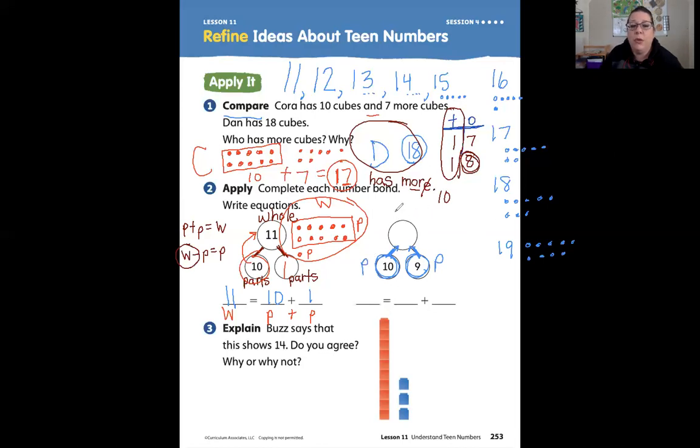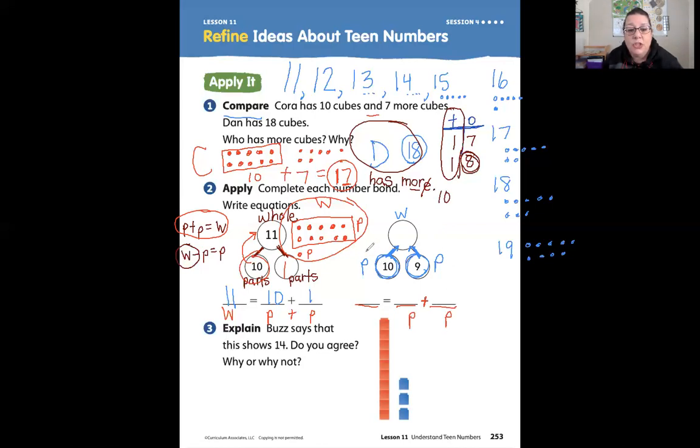And my whole is all of them together. And I know over here it says a part plus a part is a whole. So over here, let's read our equation. Blank equals blank plus blank. That tells me that this has to be a part and that has to be a part.